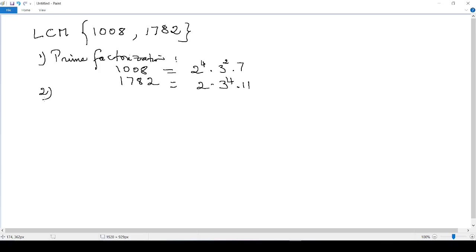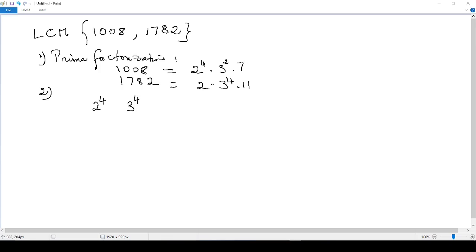In this case, we will have 2 for both numbers, and the largest exponent is exponent 4. So we write 2 exponent 4. We move to the next number. Here we have 3, and 3 is common for both numbers, and the largest exponent is 4. So we write 3 exponent 4.